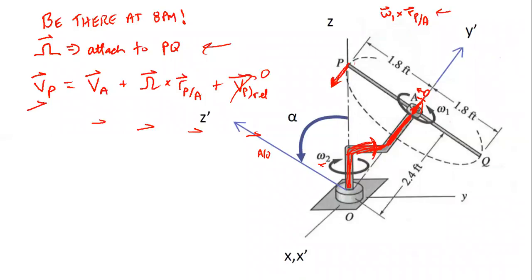Because you can solve this velocity part here of P, it's actually always going to be in the x double prime. Does everybody see what I said? So think about that for a second. I should have asked you. Everybody see if you agree with me that the velocity of point P relative to this point A is always going to have some component that's at least always in the x double prime.